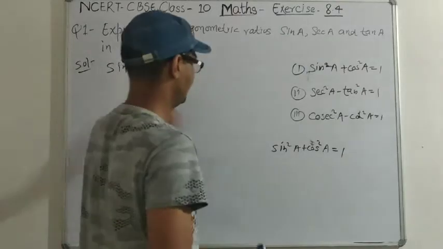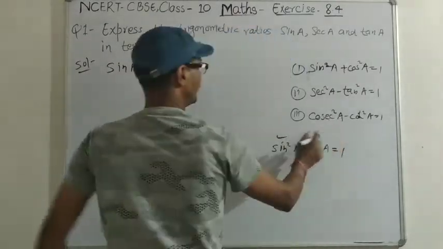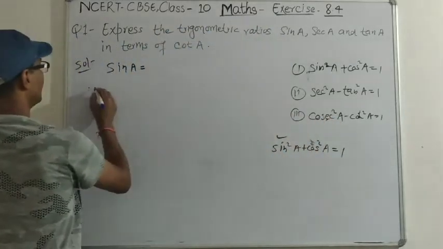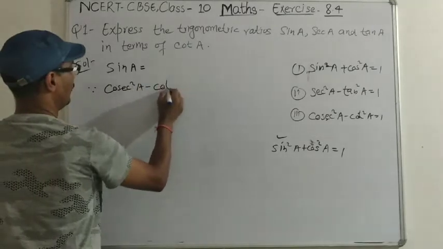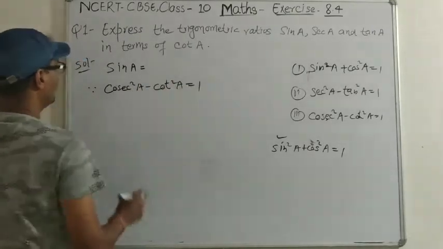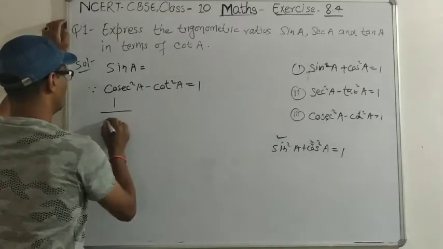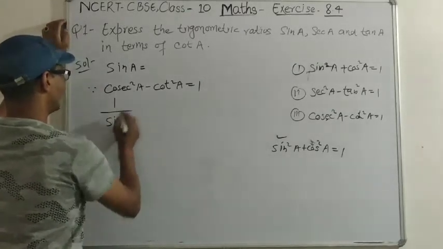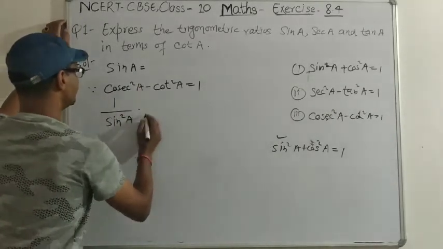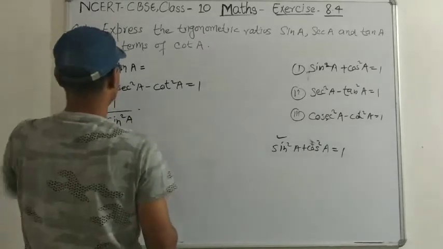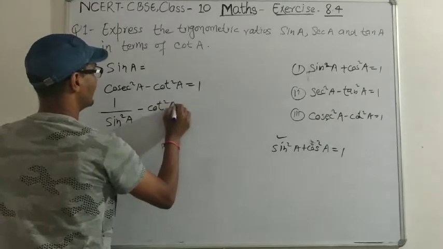So how to get sin is here, but how to get cot A? We cannot get it from this. So if we use this number 3, cosec square A minus cot square A equal to 1. Cosec is the reciprocal of sin, so cosec square A is written as 1 by sin square A. So 1 by sin square A minus cot square A equal to 1.